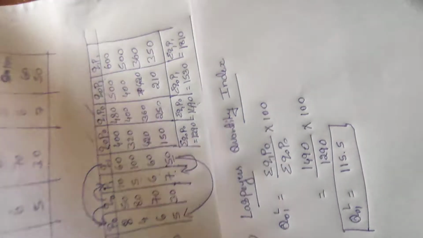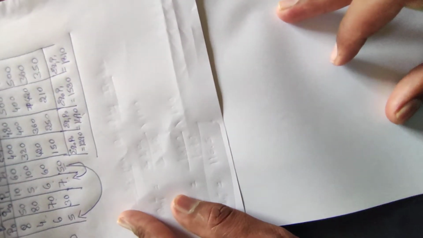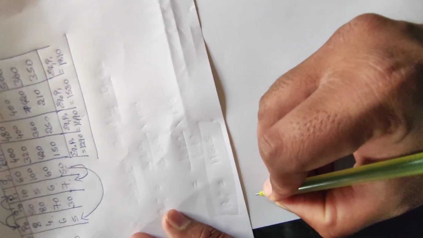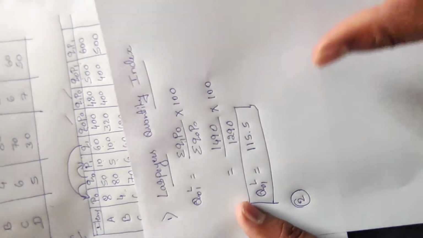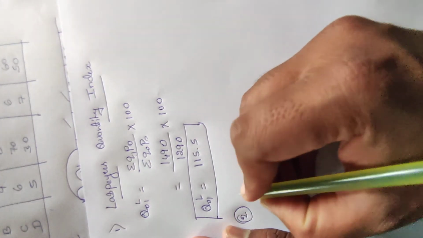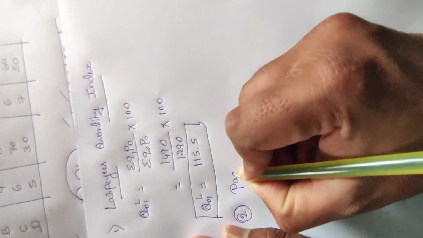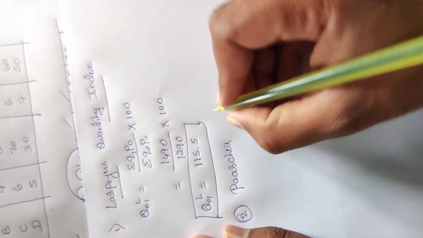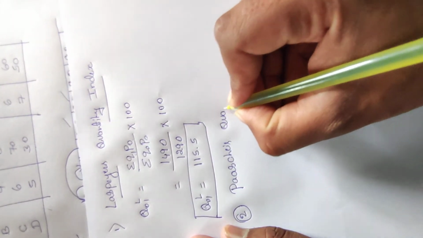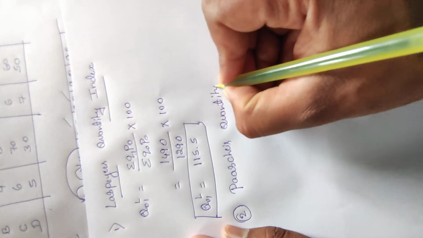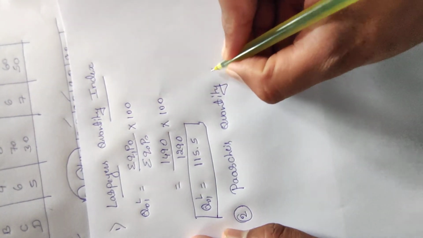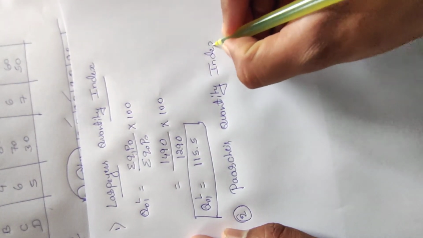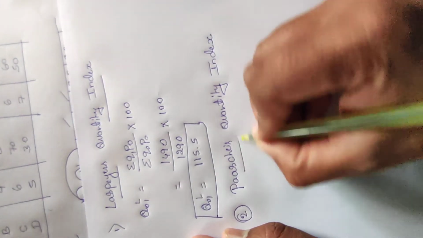Okay students, next we'll go for the second one. Second method is the Paasche quantity index number.